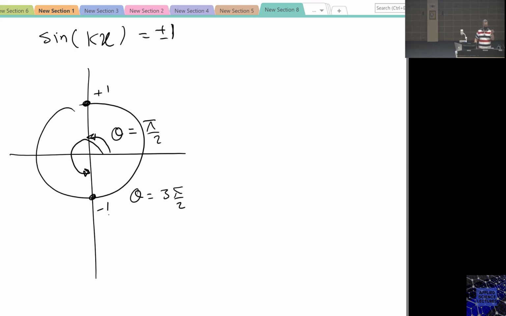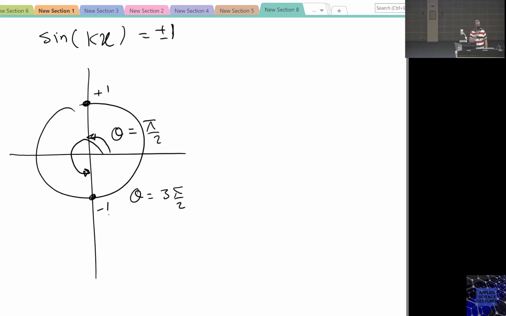If the phase is pi/2, then the sine would be 1. If the phase is 3pi/2, then the sine would be -1. So notice that I have the same phase interval, which is pi.